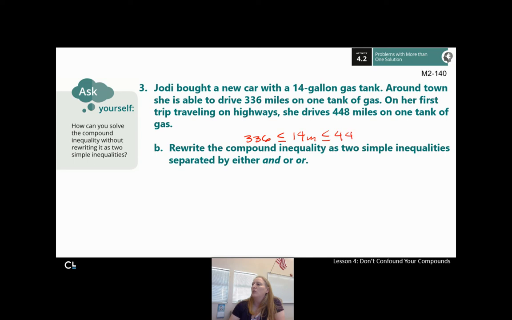Can you rewrite this, instead of a compact one, can you pull it apart and rewrite the compound inequality as two simple inequalities separated by either and or? So separate it out and make sure you put and or in the middle of it. If you need to, you might want to go back and look at some of our earlier work to help you know what word goes in the middle and how to set it up. So hit pause, rewrite it as two inequalities with and or in the middle, and then hit play when you're ready to check your work.